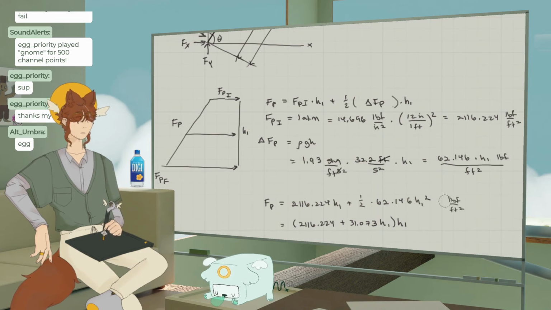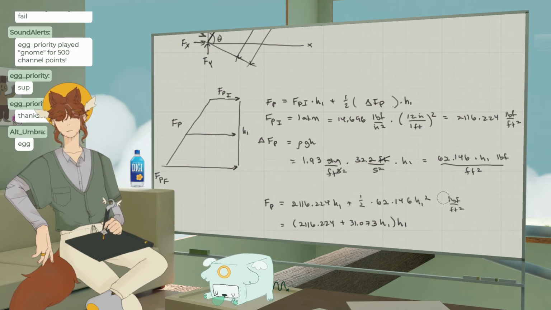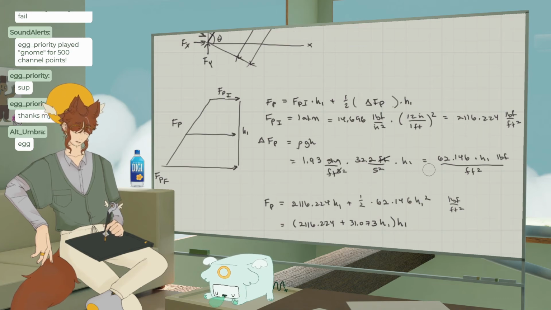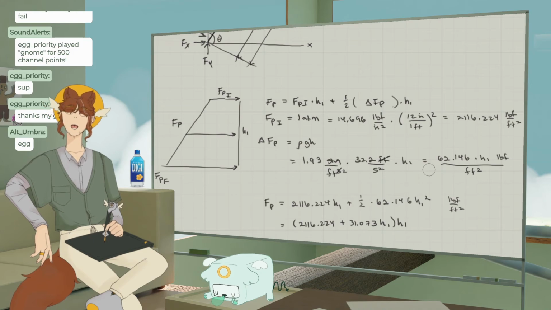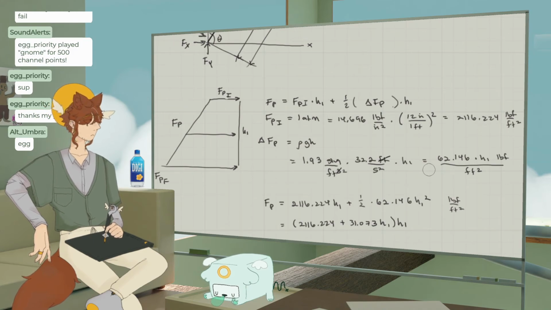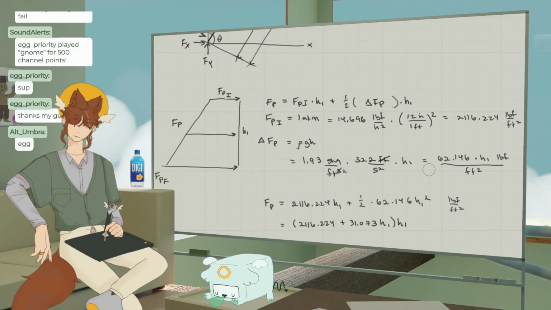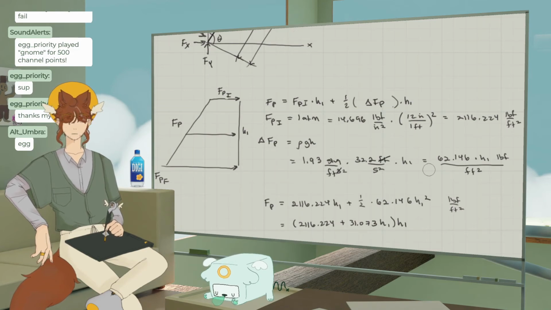Oh wait, it's not gonna be... Wait, I need a force. Let me think about this. Oh shoot, per area. It's the pressure times the area. But I could just multiply the whole thing times the area, right? And do those heights cancel out?